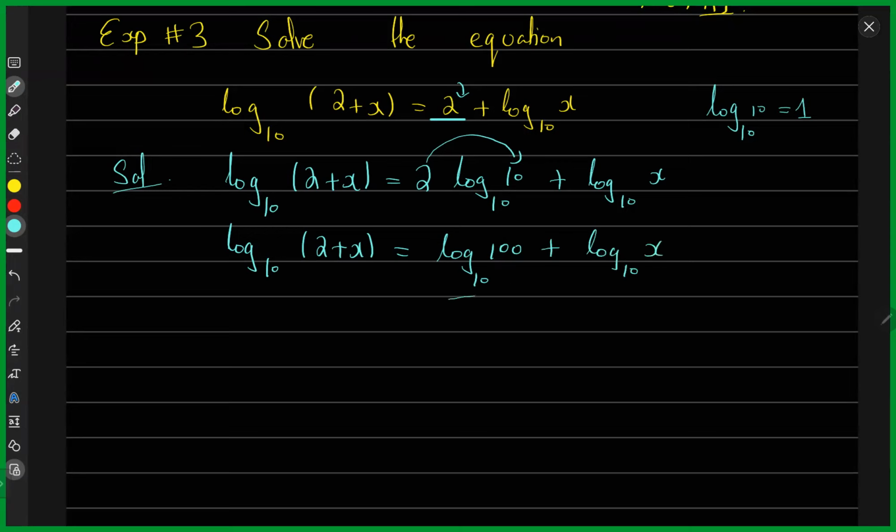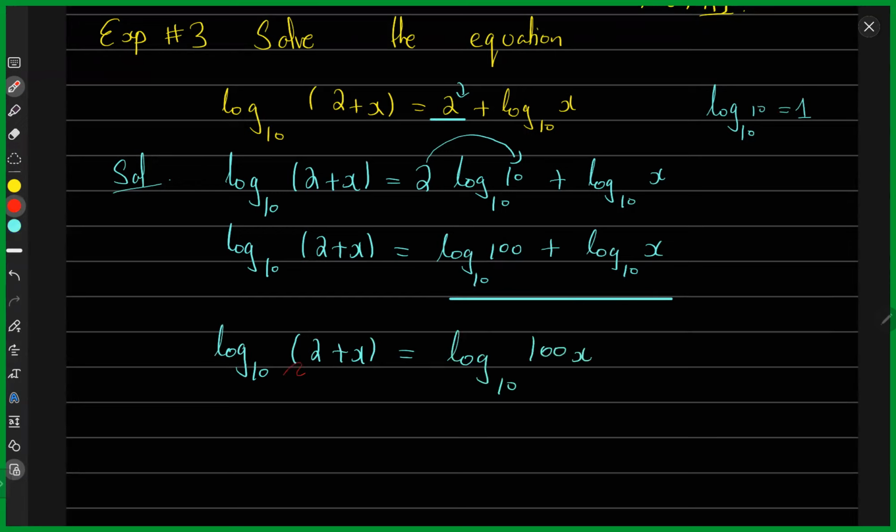I know that when I have two logs which are being added, I can write it as a product. So it would become log base 10 of 2 plus x equals log base 10 of 100x.